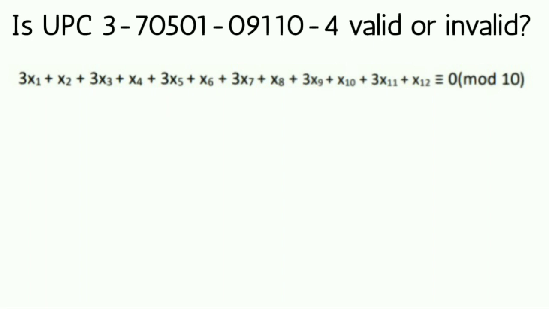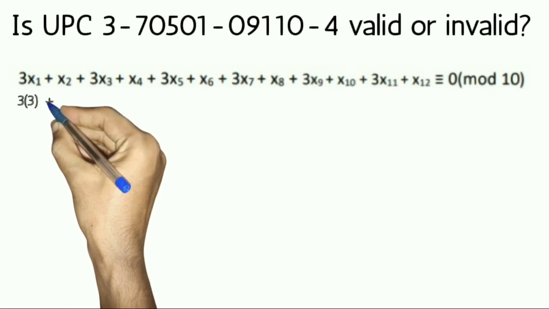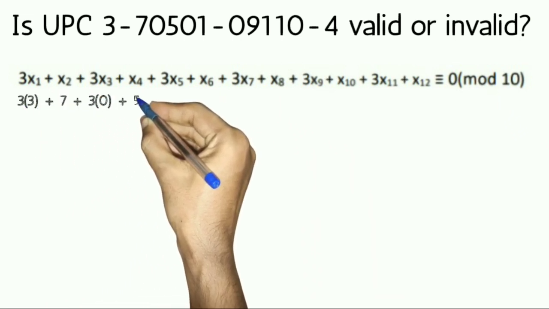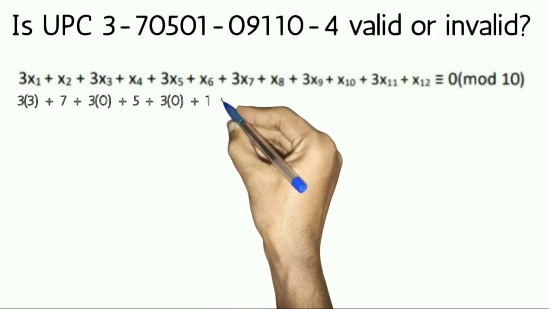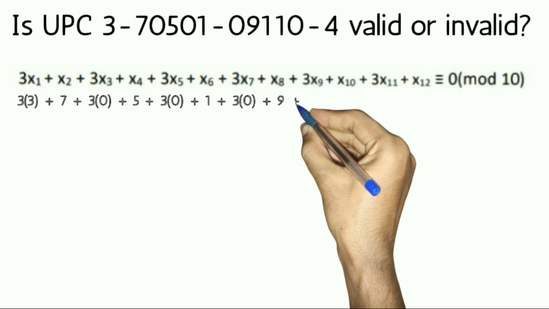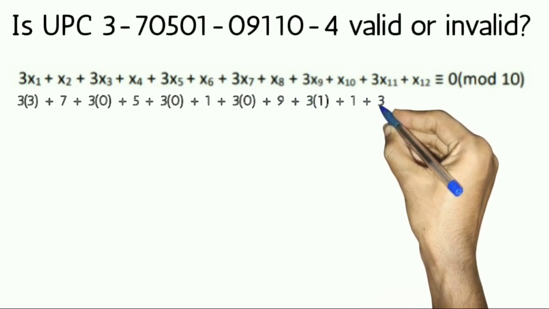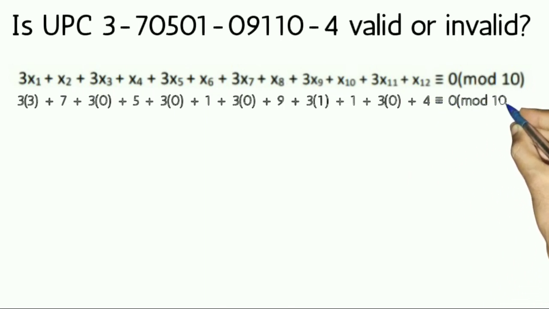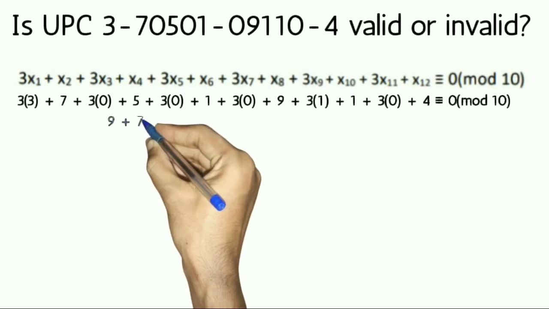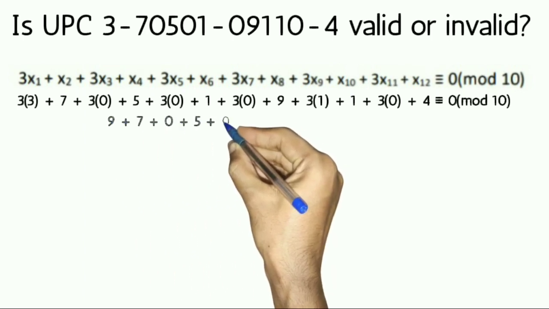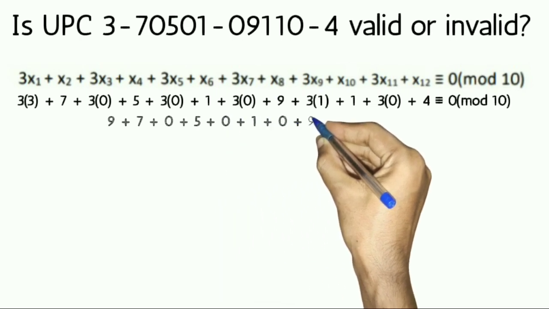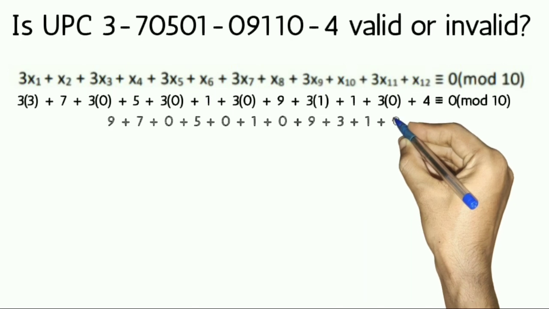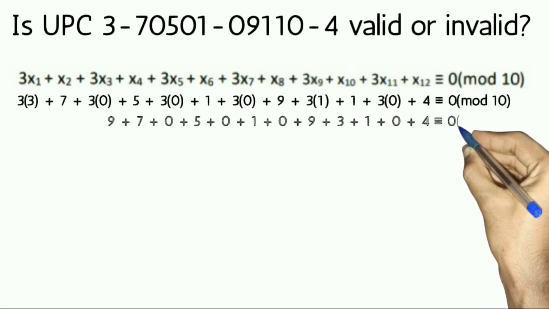By substituting the values, we have 3 times 3 plus 7 plus 3 times 0 plus 5 plus 3 times 0 plus 1 plus 3 times 0 plus 9 plus 3 times 1 plus 1 plus 3 times 0 plus 4 and 0 are congruent modulo 10. That will become 9 plus 7 plus 0 plus 5 plus 0 plus 1 plus 0 plus 9 plus 3 plus 1 plus 0 plus 4.